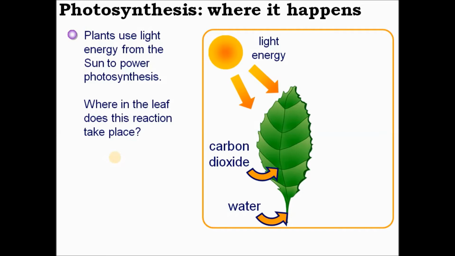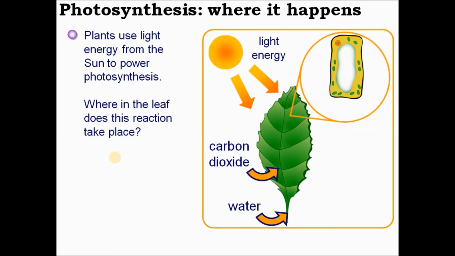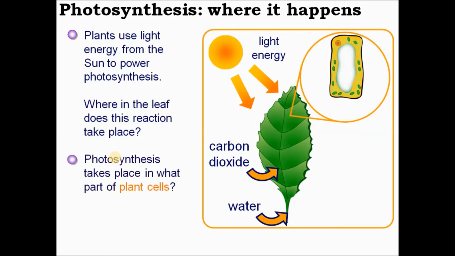Now, in the leaf, we know that leaves are called the food factory or food kitchen of the plant. Where exactly in the leaf does this reaction take place? For that, we should know the structure of the leaf. If we observe the leaf under the microscope, then we will find that in the leaf cell, there is something called chloroplast.